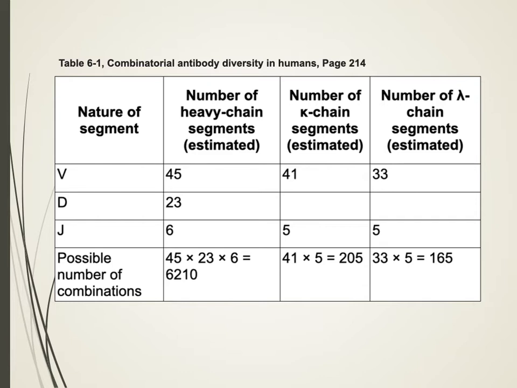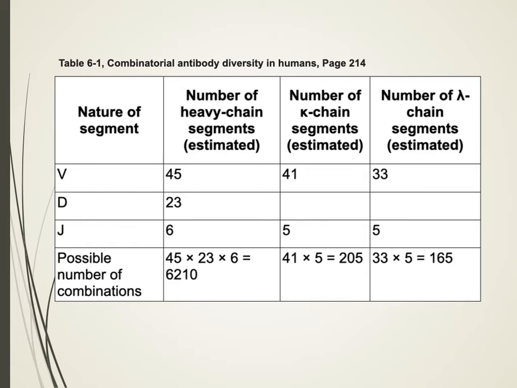And if we keep in mind the different segments, constant is going to be selected for, or for lambda, it's going to be linked to J. But it's really that variable region, you can see how in all of those chains, the greatest number is in the variable, right?